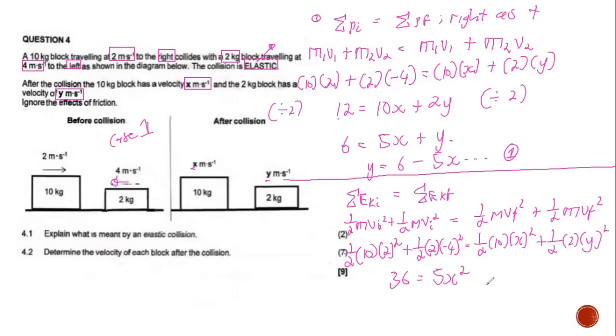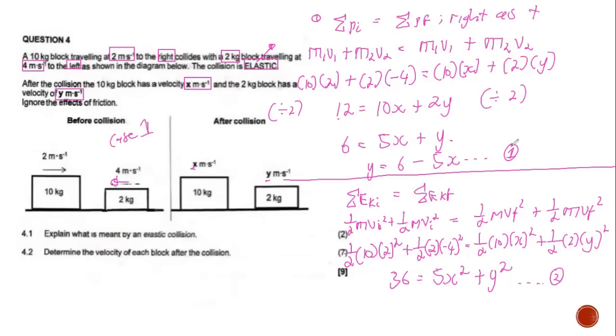And then half of 2 is 1, so I have plus y squared. Okay, now I can say this is my equation number 2. Right. So let's say this is my equation number 2.